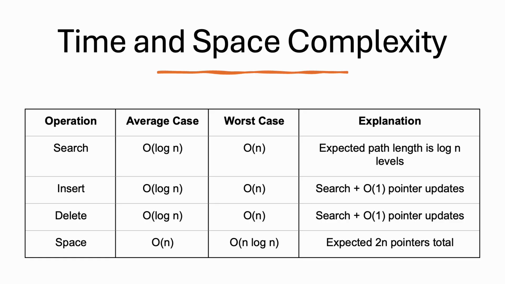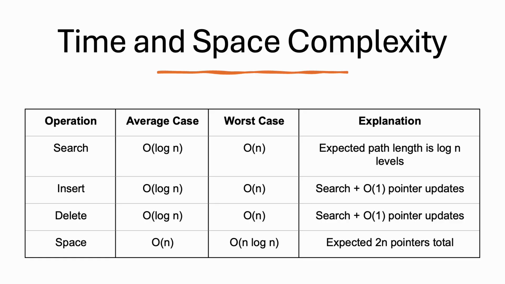With randomization, all nodes could end up at height one, degenerating into a regular linked list, but the probability of this is incredibly low. For space, the average case is O(n) with an expected total of 2n pointers across all levels.